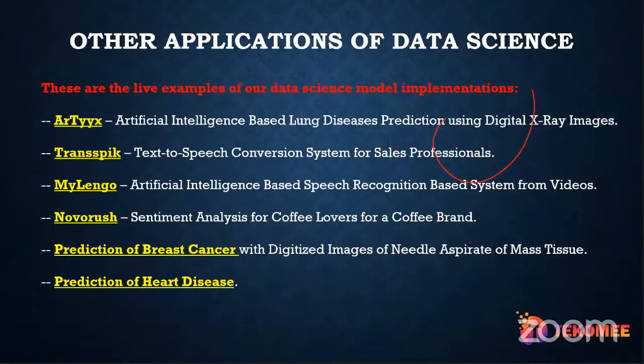These are a few examples from my list of implementations of various projects in my career, whether I was in research and then I moved into industry. Obviously, it's not possible for me to show you the whole list of projects or implementations that I've done, but these are a few classic examples which I try to bring in front of you.